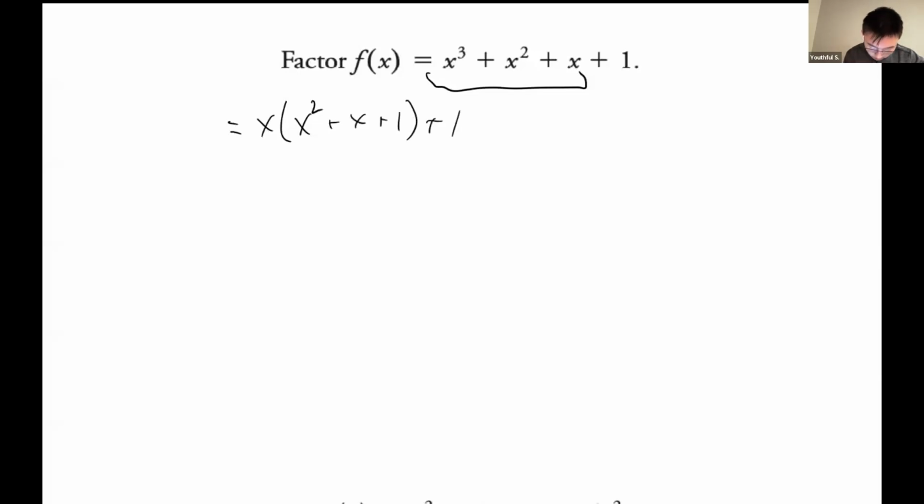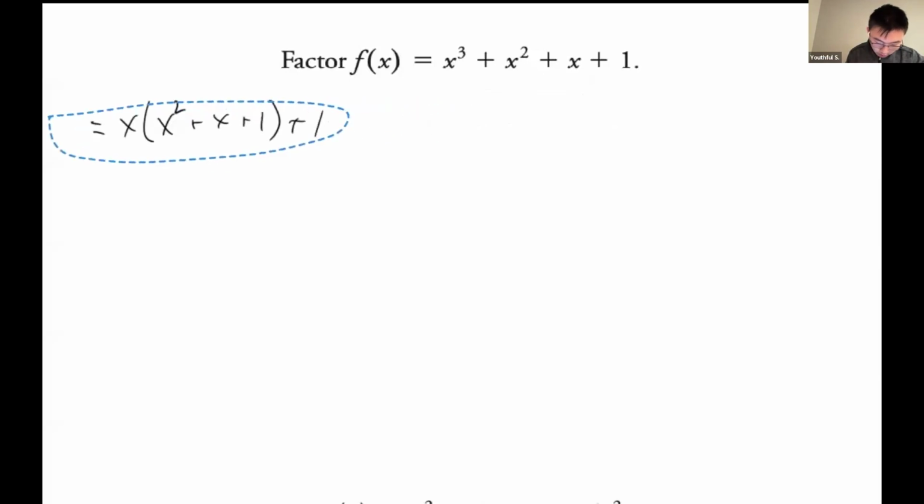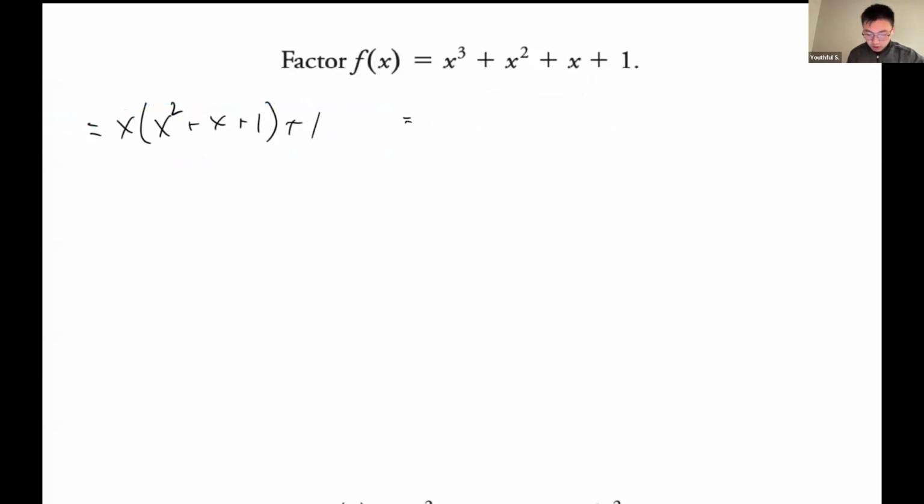I guess that's fine, but there's a better way to factor it, and I'll keep this so you can see the difference. The better way is to group them into two groups like this. Again, we factor out the x squared and get x plus 1. So we get x squared times x plus 1 plus x plus 1.